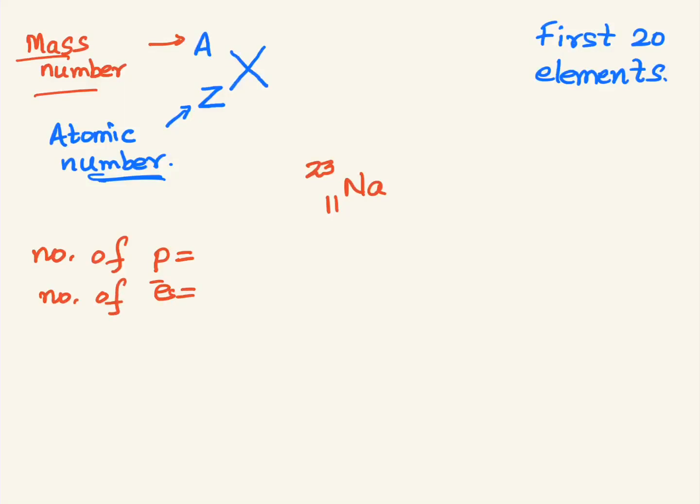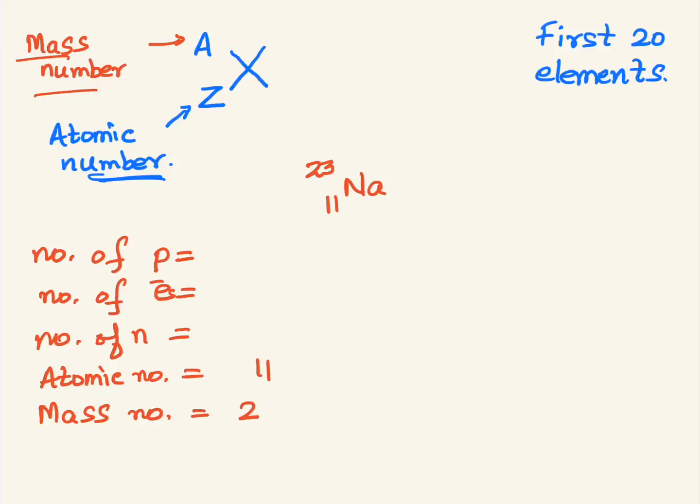Okay, so only number of protons, number of electrons, number of neutrons, or if you want, you can just write P, E, and N in short form. You can write it that way as well. Also tell me what is the atomic number and the mass number. Obviously, atomic number is 11, mass number is 23.